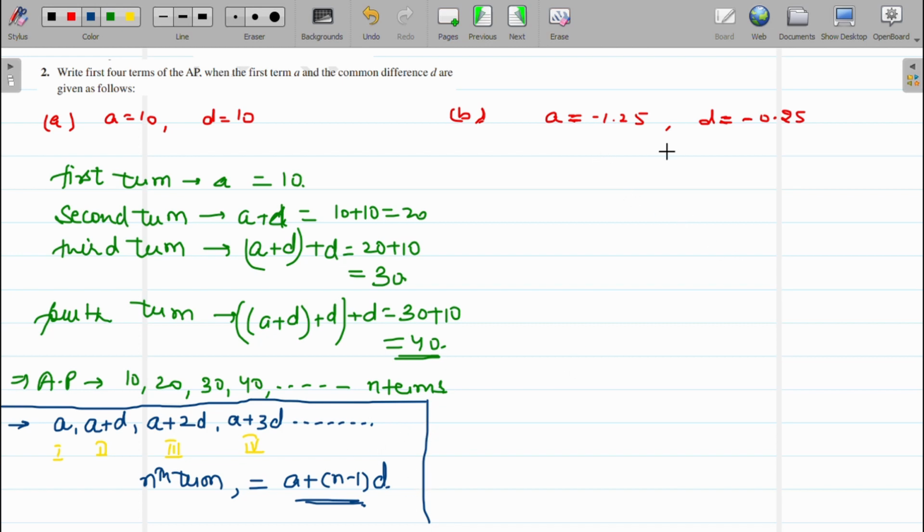Now here we have A equal to minus 1.25 and D equal to minus 0.25.